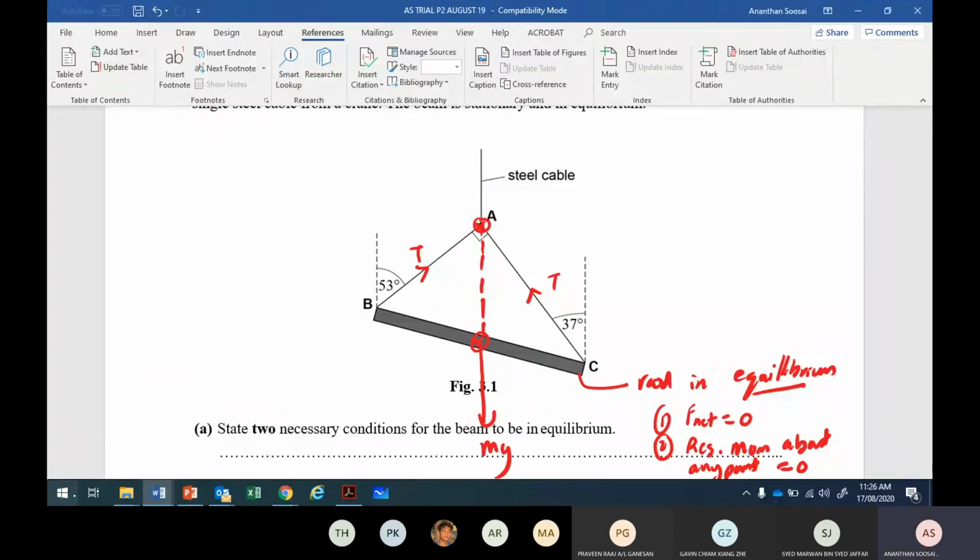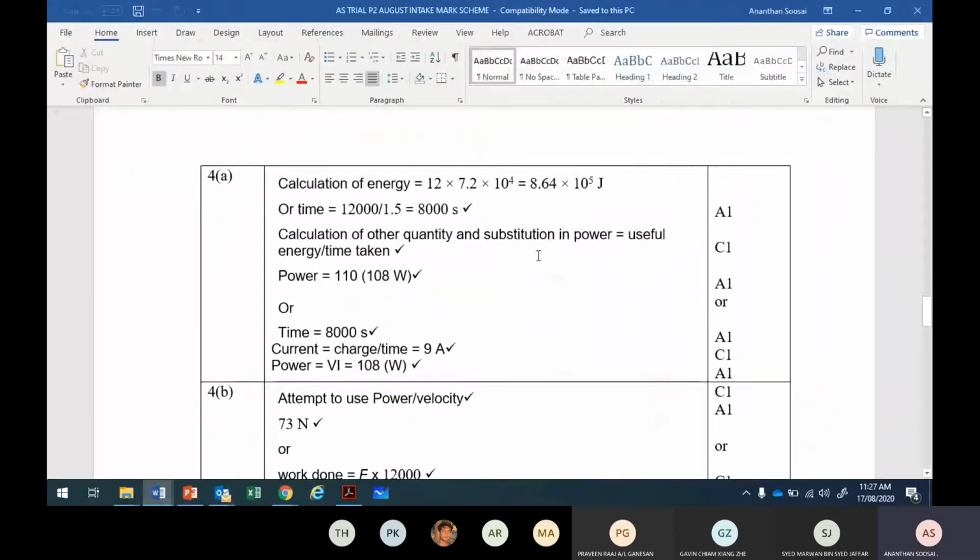So T1 and T2 intersect at point A, so the line of action of the weight must also intersect at point A. In this case, the center of gravity must be below A, so that all the forces intersect at the same point. Therefore, the moment becomes 0. That should be the answer.